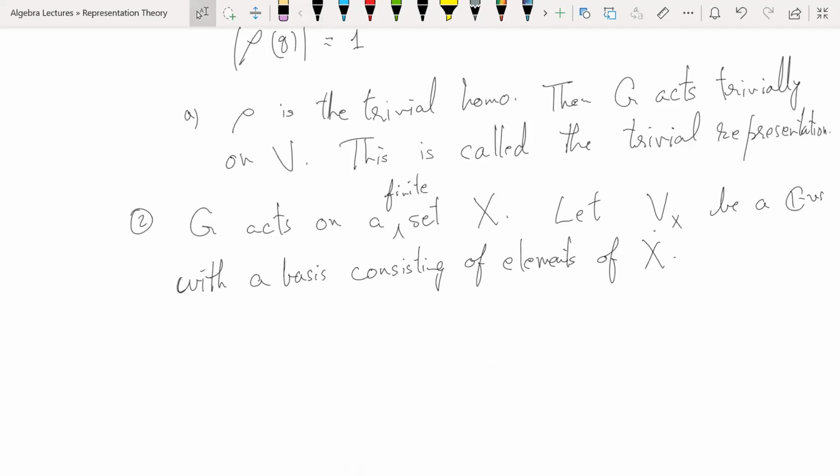So Vx is basically Cx1, Cx2, up to Cxn, where X is x1 to xn.